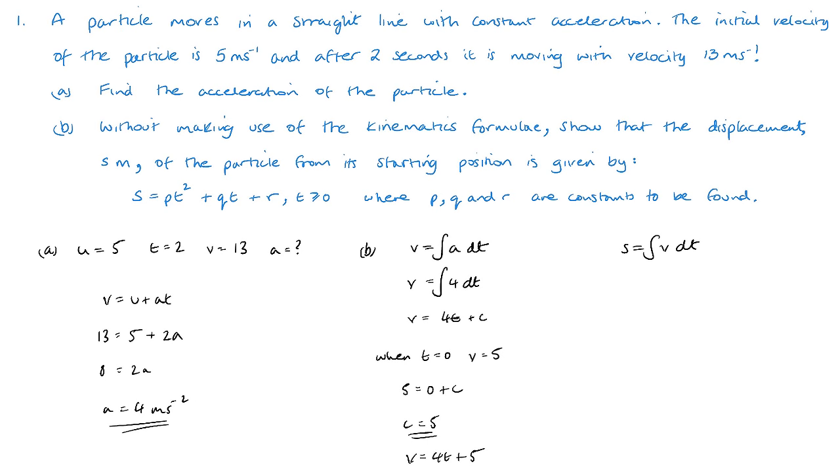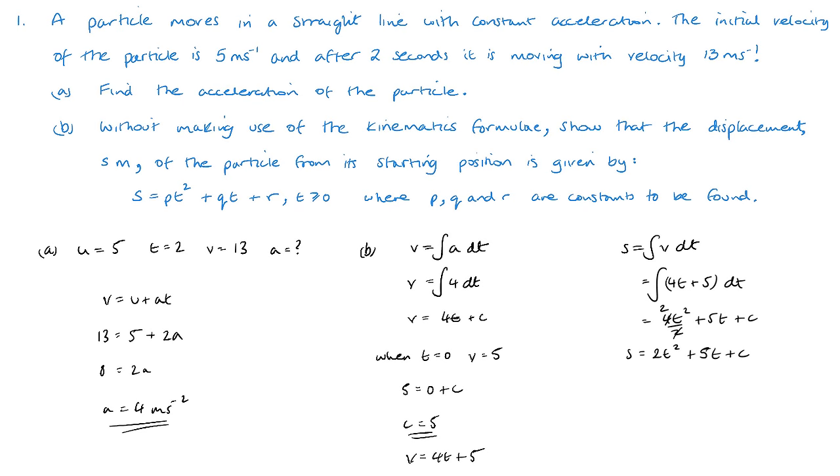So now I have V. So now I can go ahead with my S, and I'm going to integrate 4t plus 5. So that's 4t squared over 2 plus 5t plus c, and that 2 will cancel with that 4. So S equals 2t squared plus 5t plus c. Now I have to work out what c is.